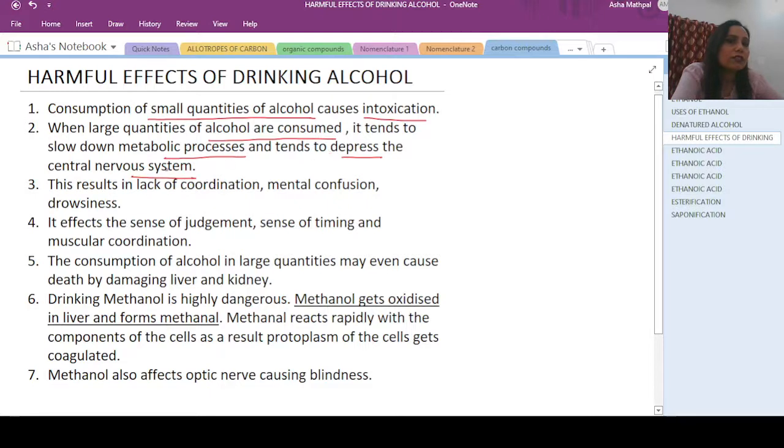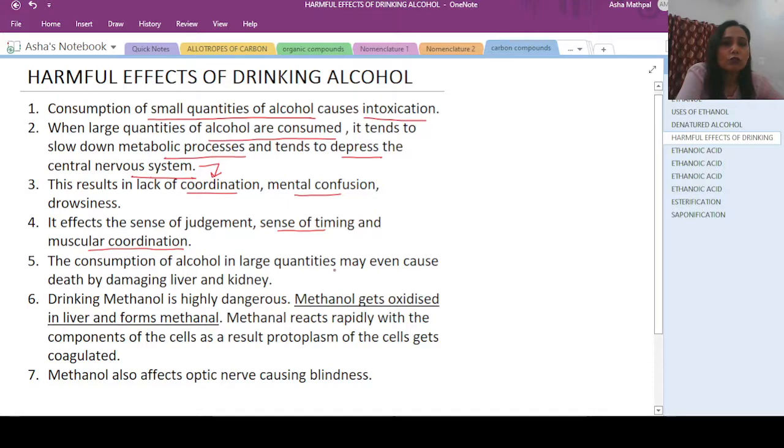If the central nervous system is depressed, that is, not acting properly, what will happen? It will lead to a lack of coordination. There will be mental confusion. The person will not be able to judge or make any kind of decisions. There will be drowsiness, no sense of timing, and the muscular coordination will be completely off.